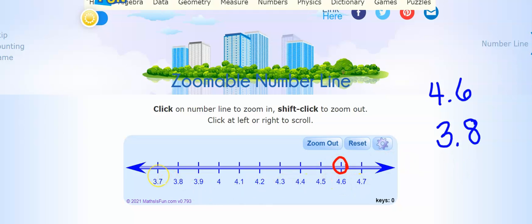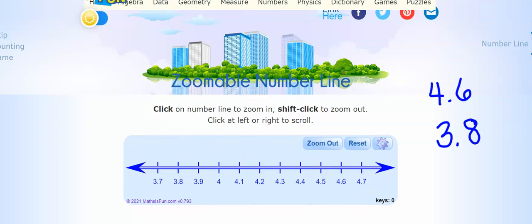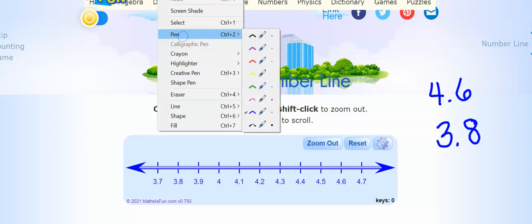So I have to look at my 3 whole number. Oh, there it is. 3 and 7/10, 3 and 8/10. Great job. Let's do some more. Okay, you ready for your next number?